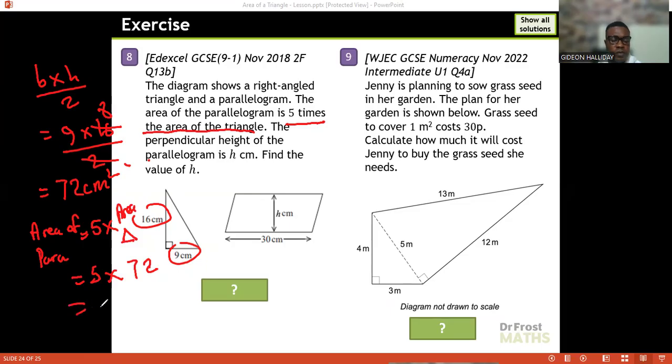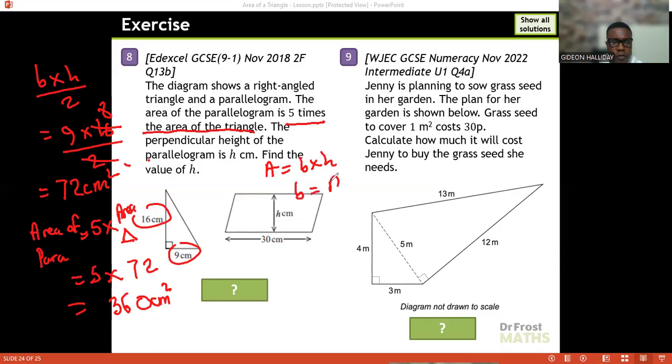What is 5 times 72? 5 times 2 is 10. 5 times 7 is 35, plus 1, 36. So 360 centimeters squared.